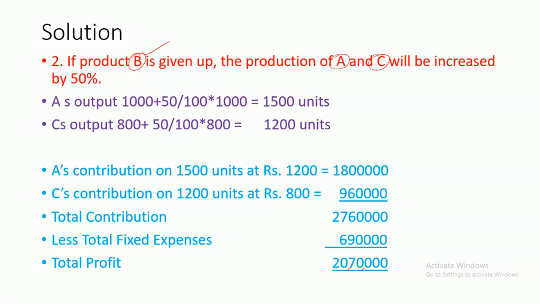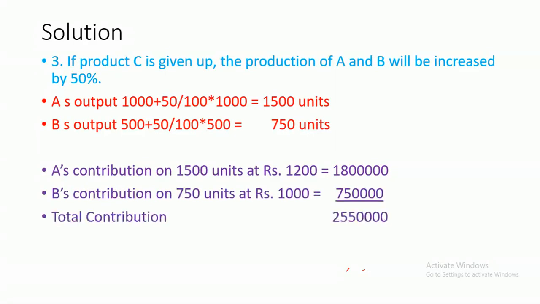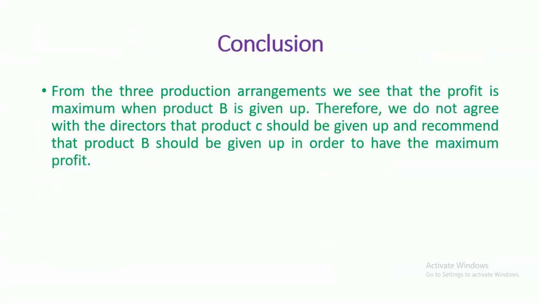So you can drop product B and continue product A and C, so that your profit will be maximum. So to conclude, from the three production arrangements we see that the profit is maximum when product B is given up.